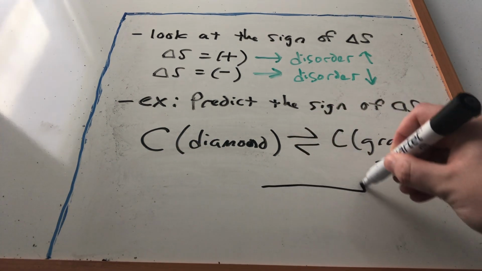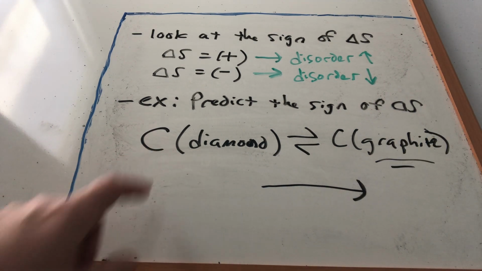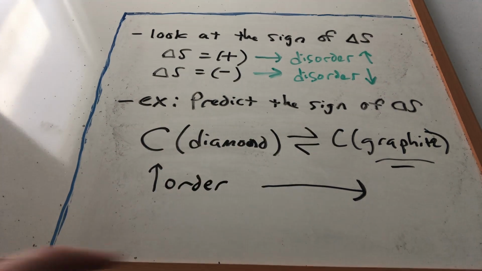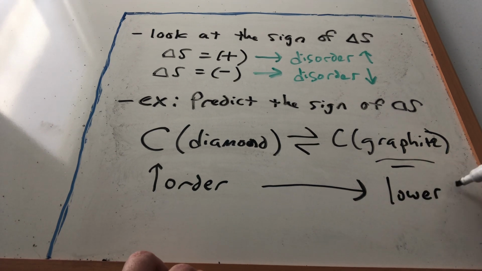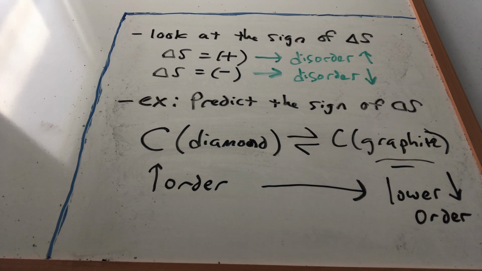As we go in this direction, as it's written, this has a high order, and this has a lower order. So our order from left to right, the way it's written, has gone down.